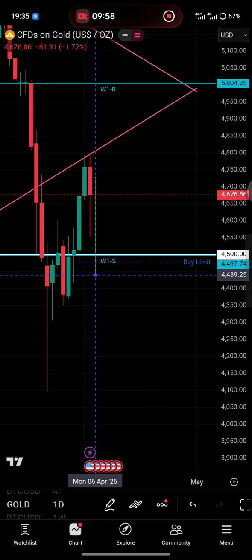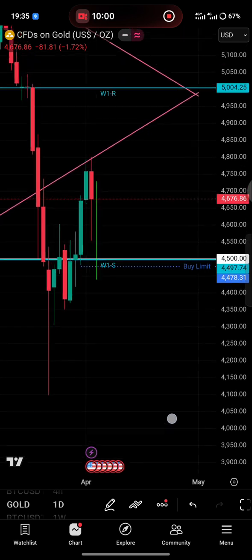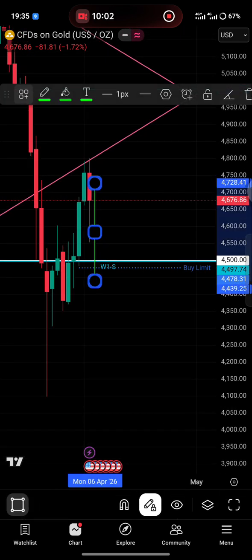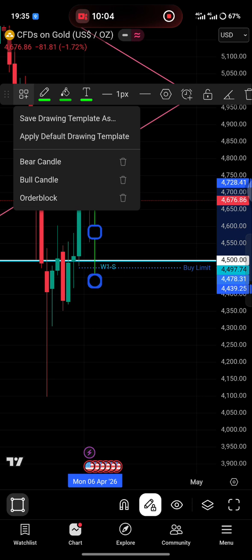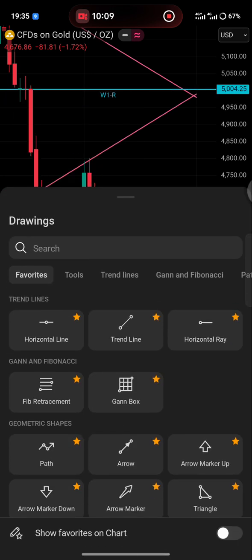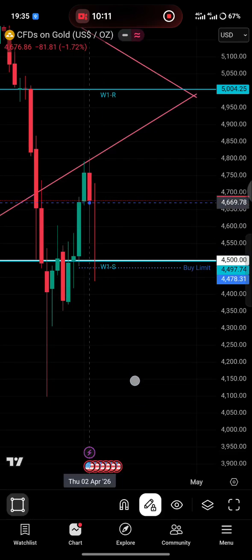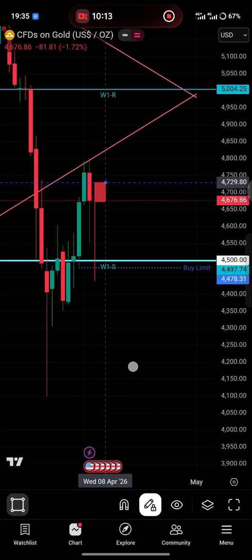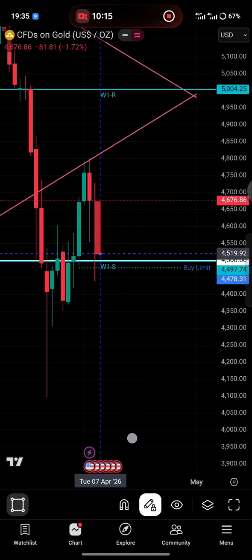Breaking support means closing below support. And if it really managed to close below support, it is telling us that this bearish price action is complete, right? So if this bearish price action is going to be complete, it is going to push up, forming a top wick, and then pull back and start pushing down.